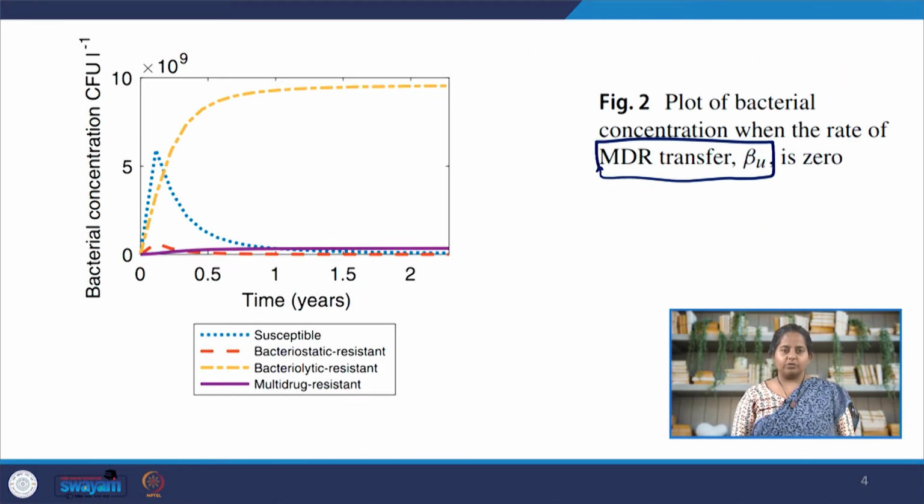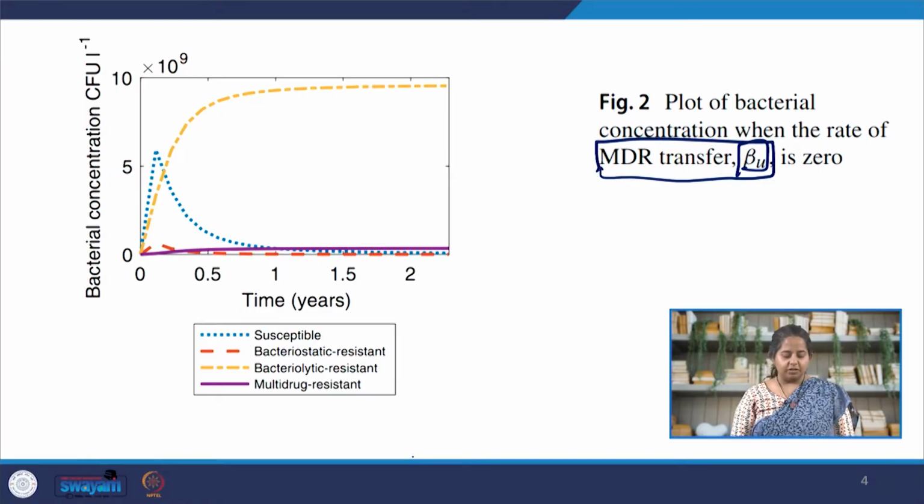So if there is a way to stop the transfer of multi-drug resistance, which is to set beta U from the previous lecture to 0, how will that impact the total number of bacteria which are susceptible or resistant to either of the antibiotics? If you are able to stop the transfer of multi-drug resistance, so just set beta to 0, this is the result that we get.